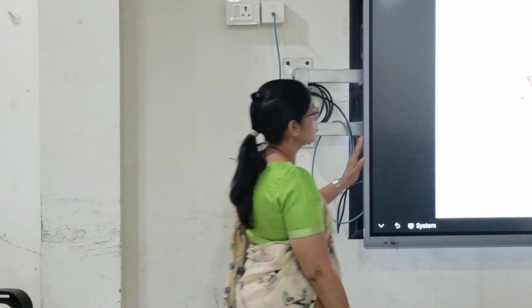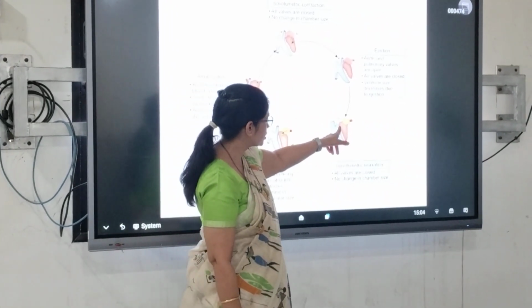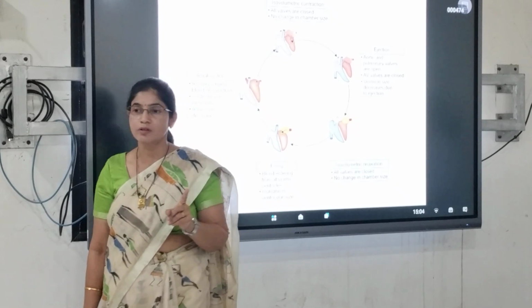And by that time, atrial pressure is increasing, so again the AV valves get closed, and that produces the heart sound called the first heart sound, because of the closure of the AV valves. When the semilunar valves get closed here, you will get the second heart sound.